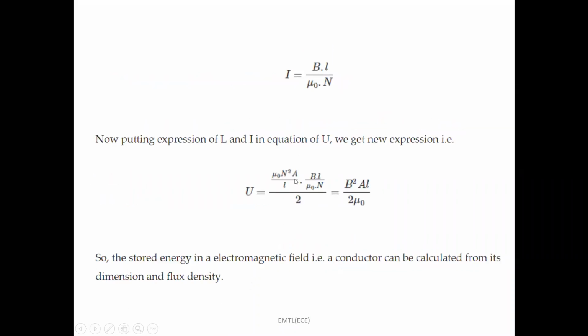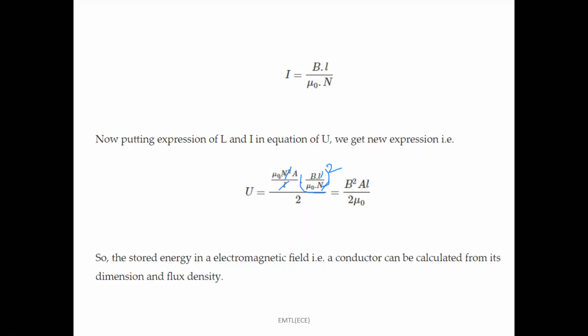Now by cancellation, simply here by squaring, there is a square. So N square cancels, and next l square, one l is cancelled.